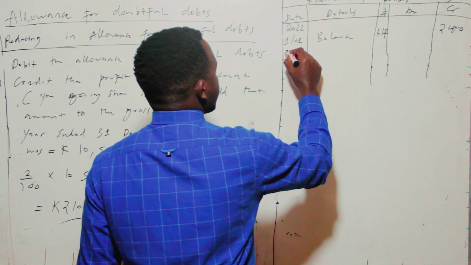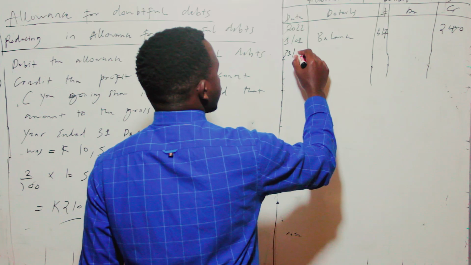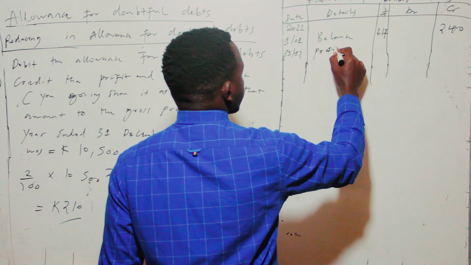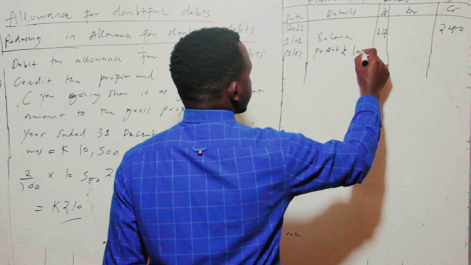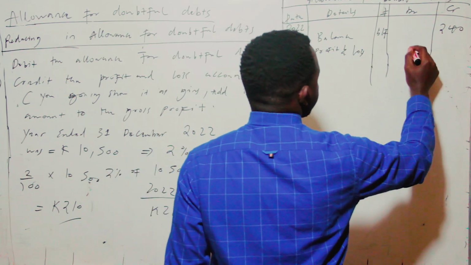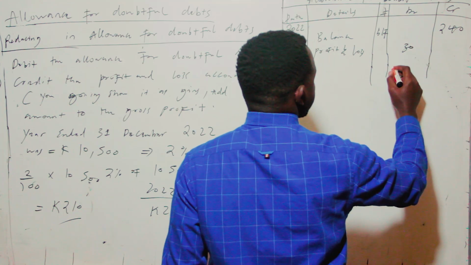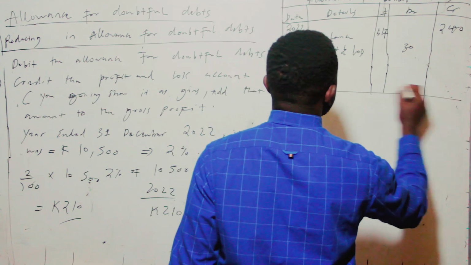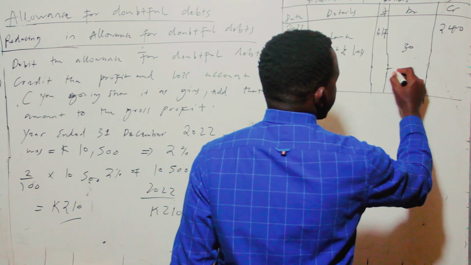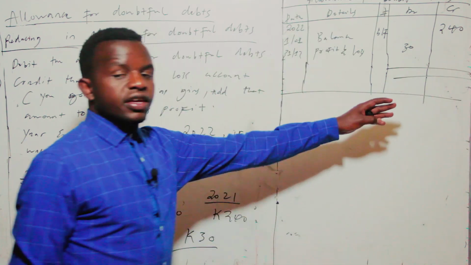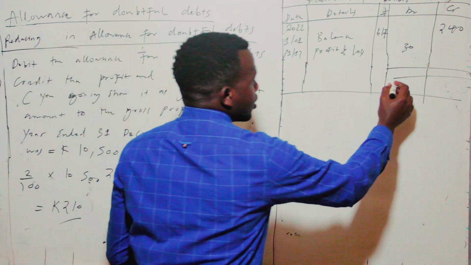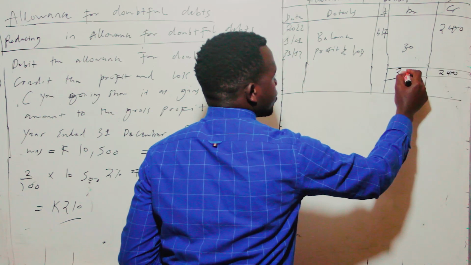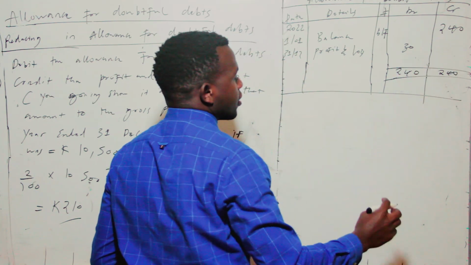So we can say 31st of December, say profit and loss of amount of 30 kwacha. So there we can find the total there. So the total we're going to have 240 on the credit side and 240 on the debit side.